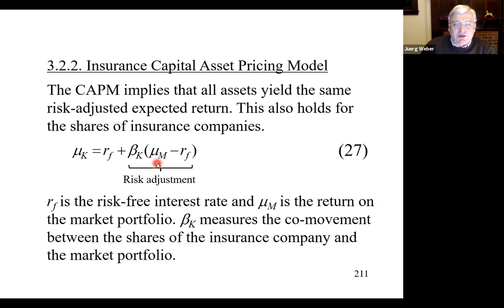Now, the risk adjustment depends on the return of the market portfolio. The market portfolio includes all shares in the share market, so it is very large. And each share carries a weight that reflects the size of the firm.